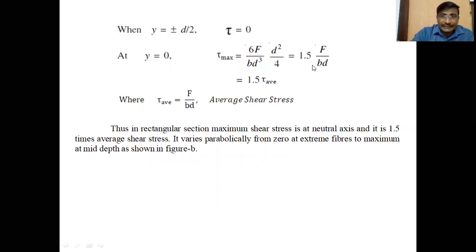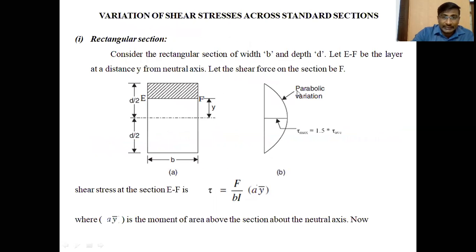F by bd is called the average shear stress, because shear force divided by area, b into d being the area of the cross section, is the average shear stress. So tau average is equal to f by bd. Therefore, tau max is equal to 1.5 times the average shear stress, as I represent in the diagram here.